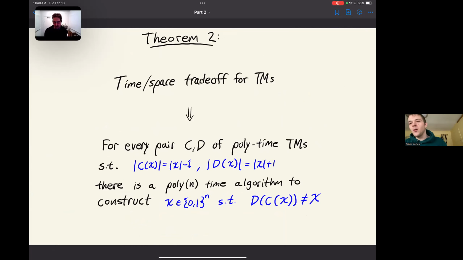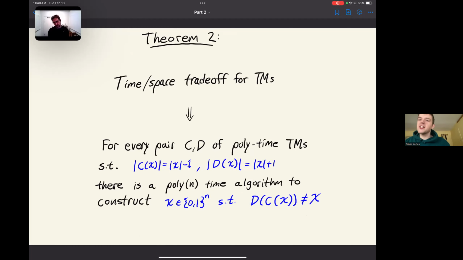We're going to show that for every pair of polynomial time Turing machines C and D, which I'm going to say define a compression scheme if C takes a Boolean string and decreases its length by 1, outputs something smaller, and D takes something of a certain length and expands it by 1 bit. So naturally, if I have a pair of Turing machines with this behavior, I can think of these as defining for every input length a compression scheme, where C compresses something down by a bit, and D expands it back.